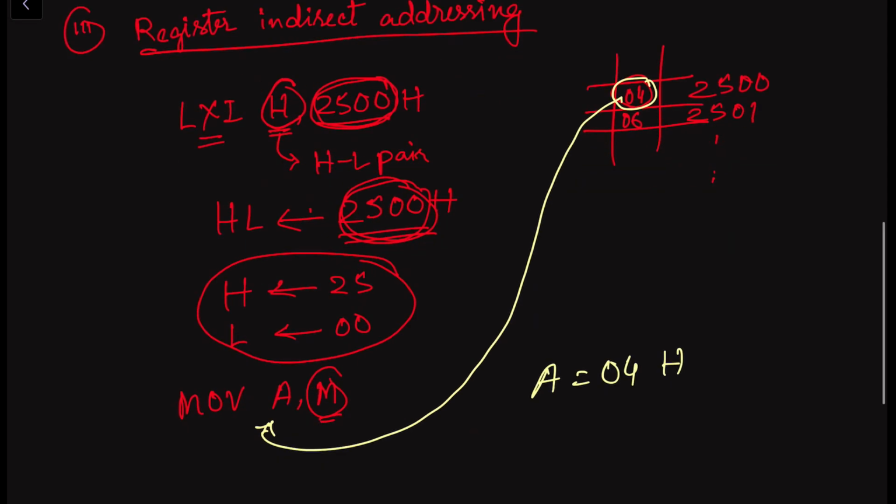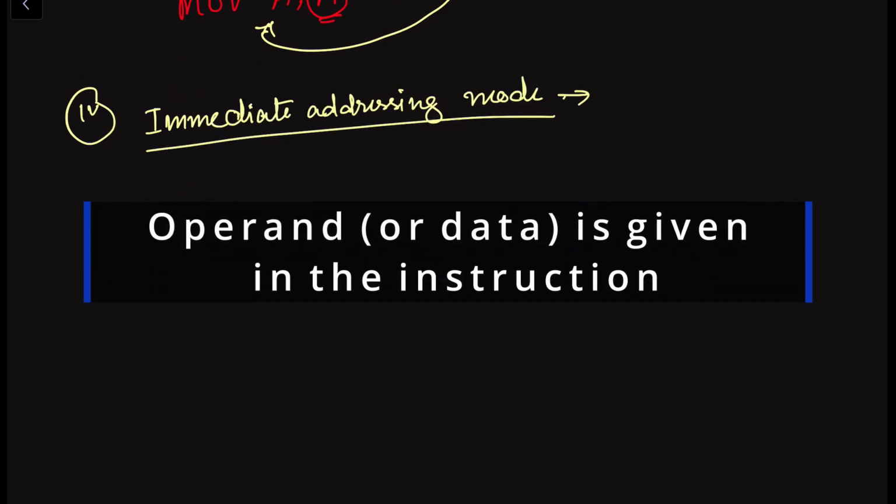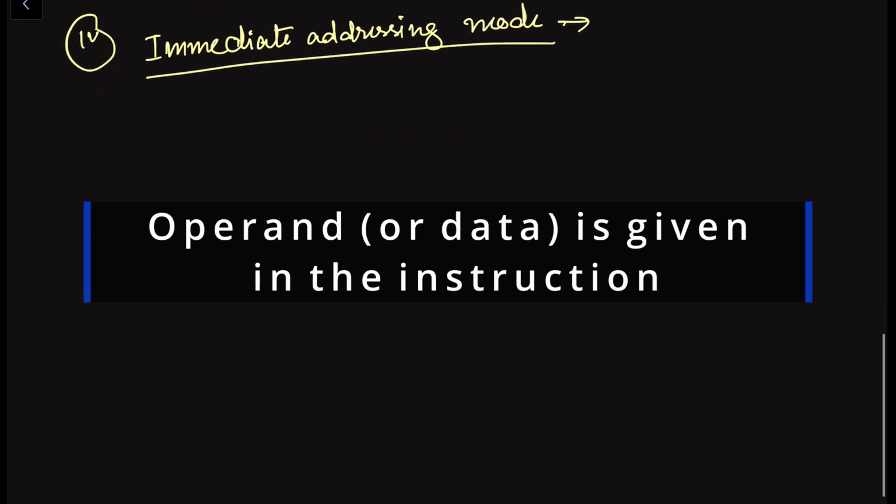So this is the third type, the register indirect addressing. Now let us go to our fourth type, the immediate addressing mode, which is one of the easiest addressing modes. In the case of immediate addressing mode, the operand or the data is specified within the instruction itself. Let us take one example.